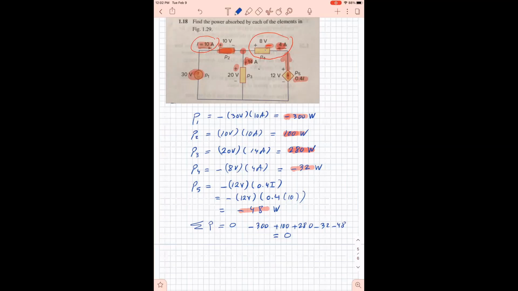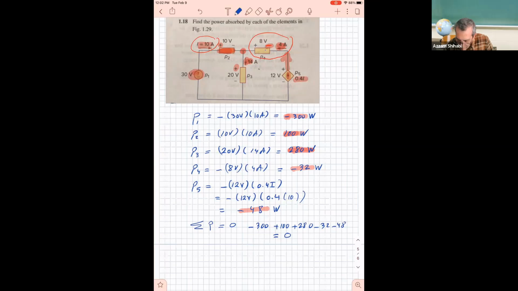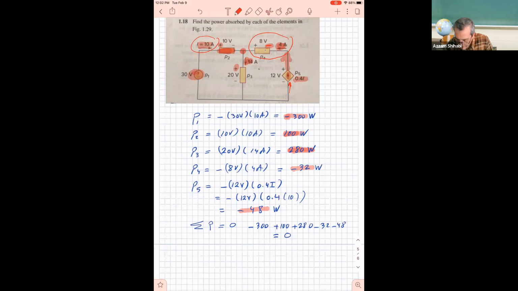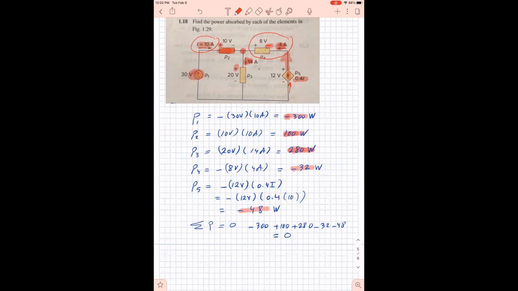Professor, I had a question. For P5, if I went around to the other side, to the negative side of the element, would it be negative 10? In P5, the current is going into the negative, right. But it's negative 12V times 0.4 I. I is going through from the positive end.